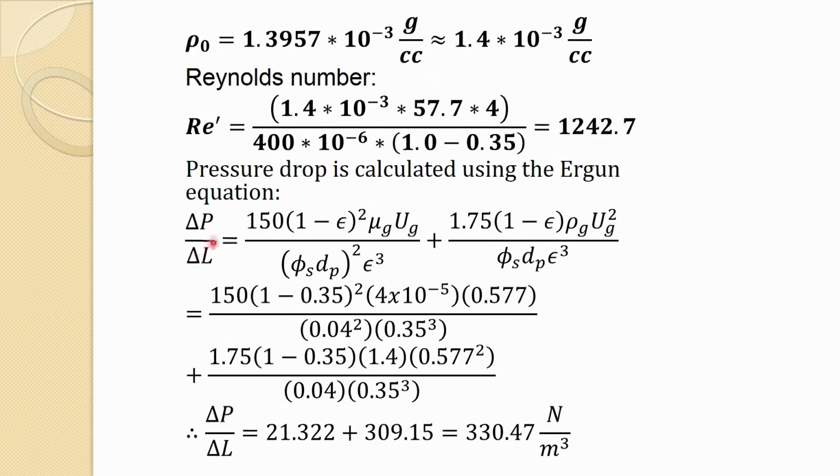The Ergun equation is given by this formula, where phi_s is the shape factor, mu_g is the gas viscosity, and then the gas velocity, void fraction, gas density, particle size and the shape factor. Shape factor in this case would be 1 because the particles are spherical, that has been assumed.